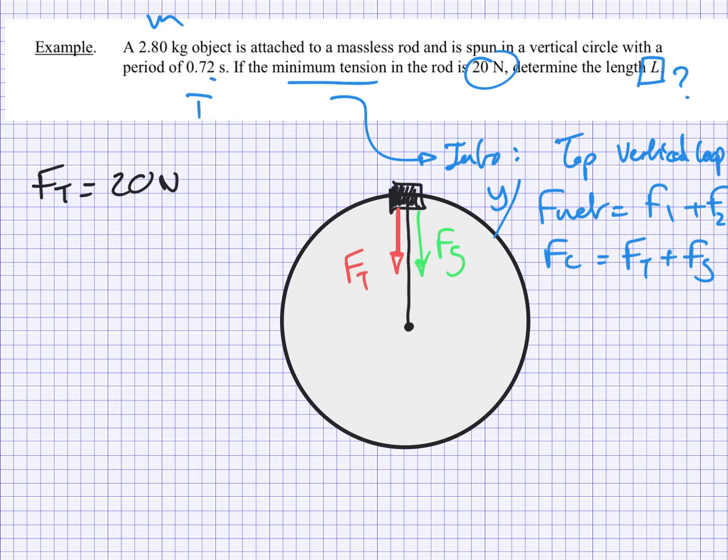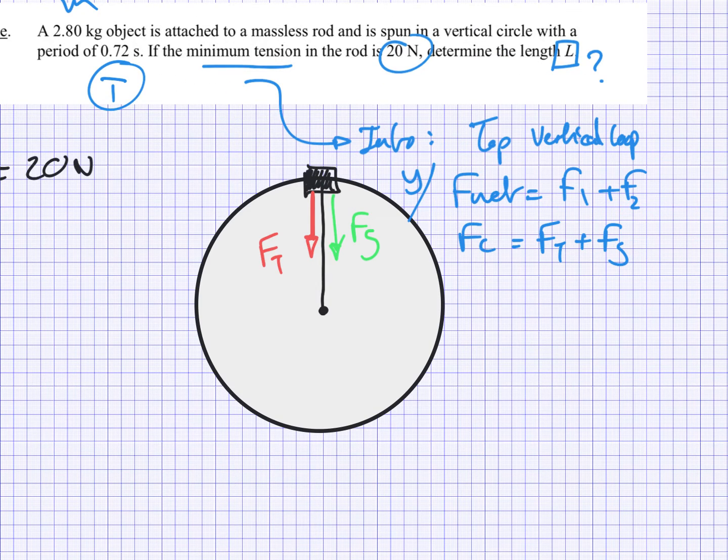Since we're given the period, we'll use the equation for centripetal force that has the period in it. So 4 pi squared Rm over T squared is equal to the force of tension, which I'm going to put in as 20 newtons because we're told that value, plus Fg, which is mg.